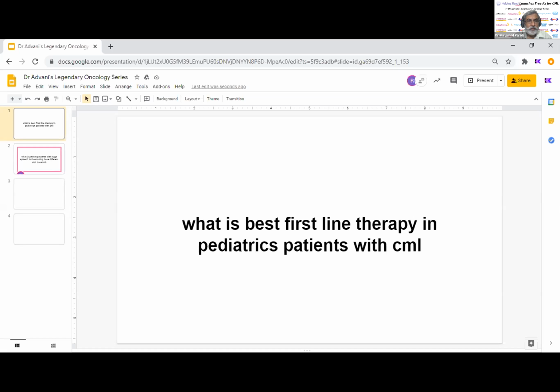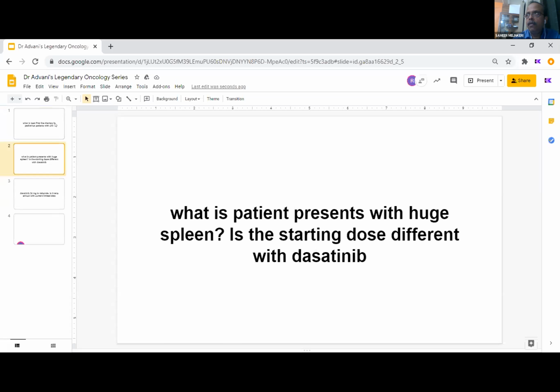So the first one is, what is the best first-line therapy in pediatric patients with CML? Difficult question. It's not been studied, so we can't be sure. I don't think we have clear data on that. If you can extrapolate, maybe it would be the same, because as we know, the overall data in pediatric patients is similar to adult patients, and maybe extrapolation might be possible.